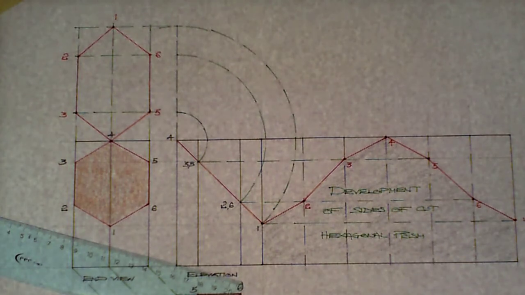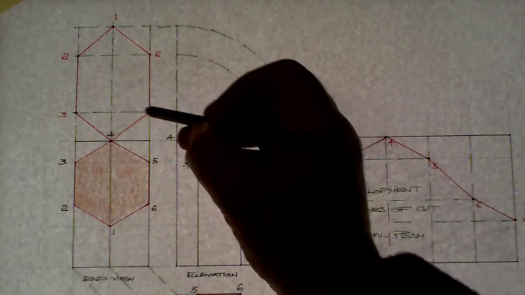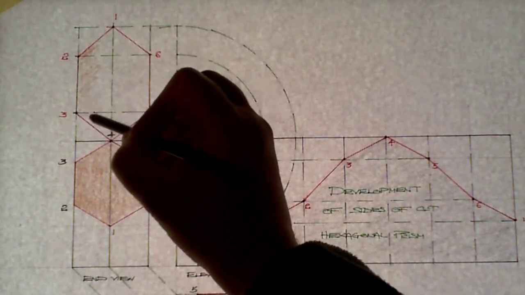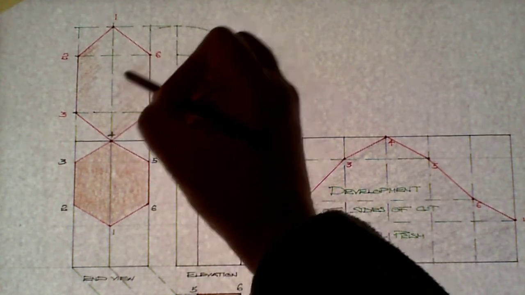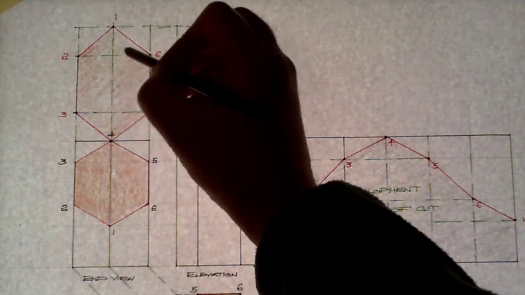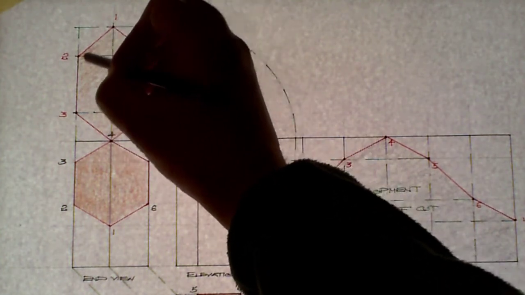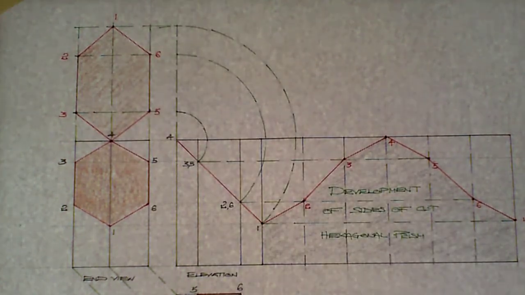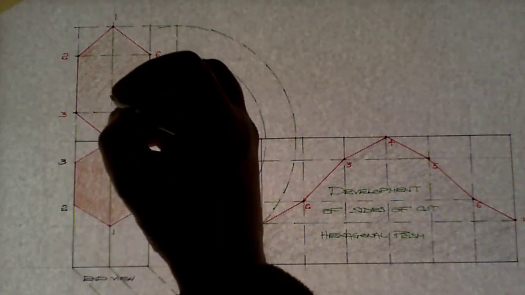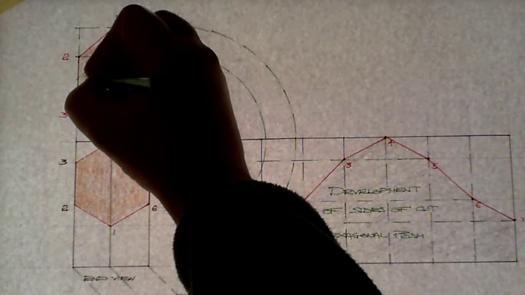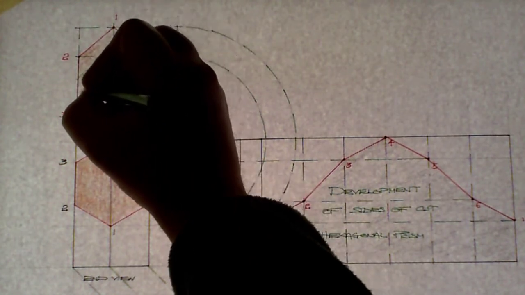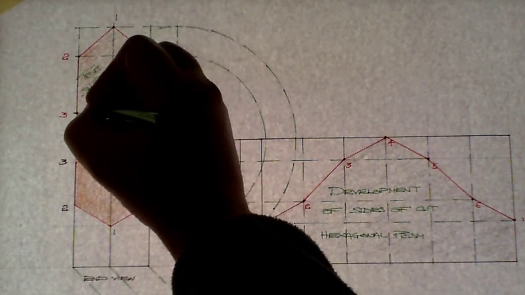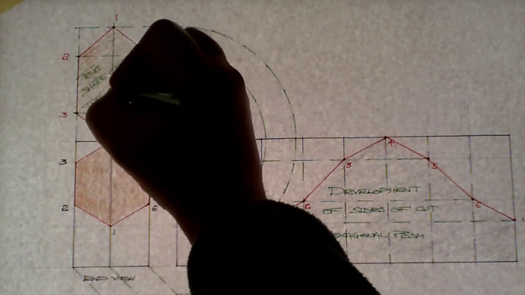And again, if I shade that in, using brown here, so this now gives me the true shape of the cut surface.